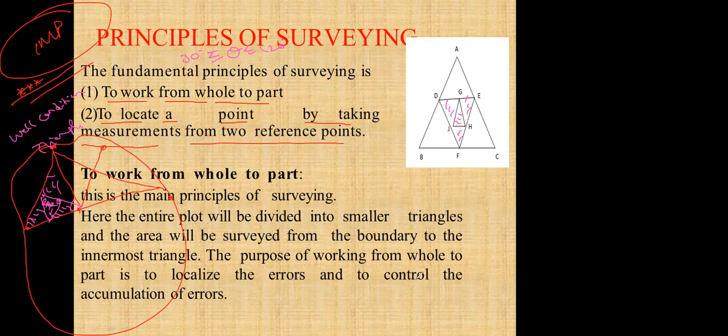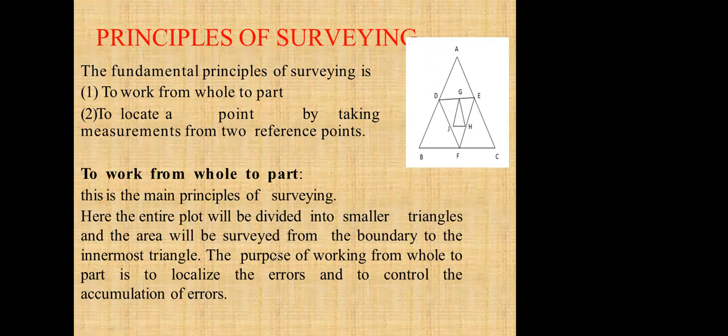Working from whole to part is the main principle of surveying. Here, the entire plot will be divided into smaller triangles, and the area will be surveyed from the boundary to the innermost triangle. The purpose of working from whole to part is to localize the errors and to control the accumulation of errors.